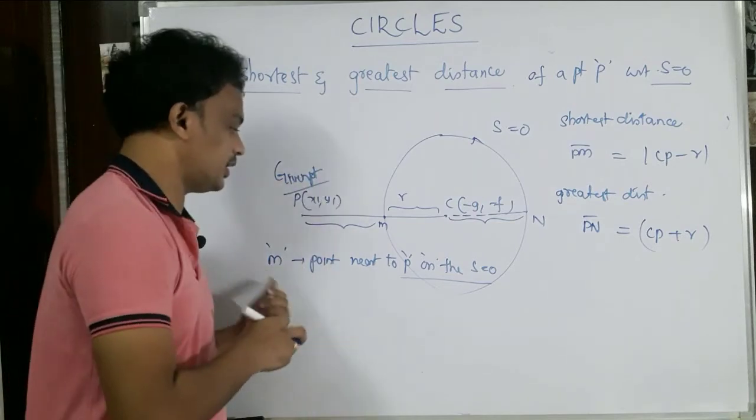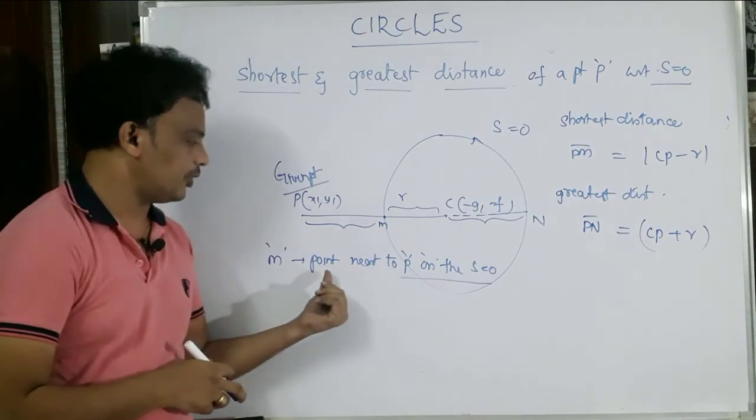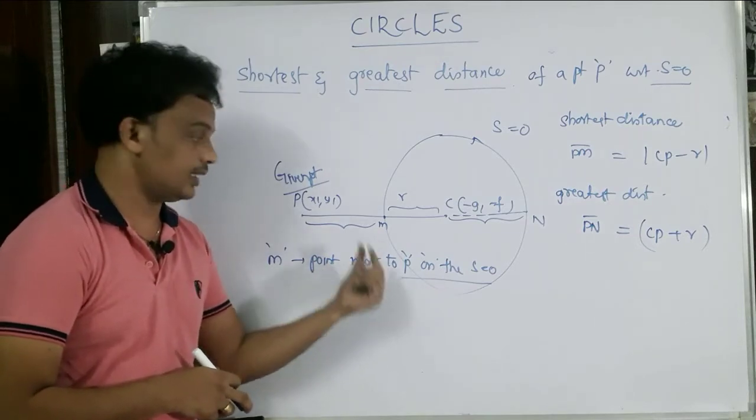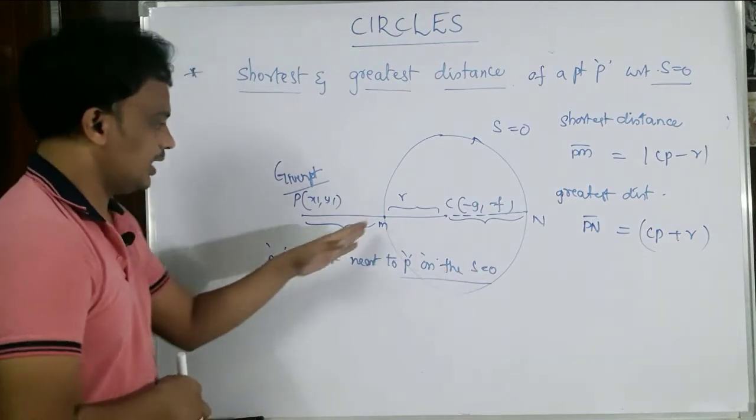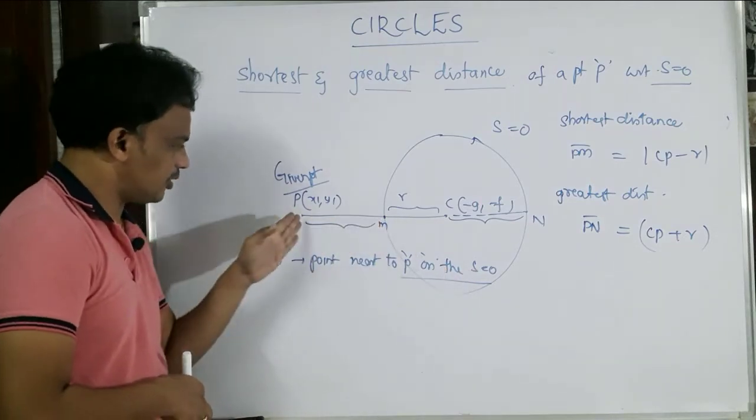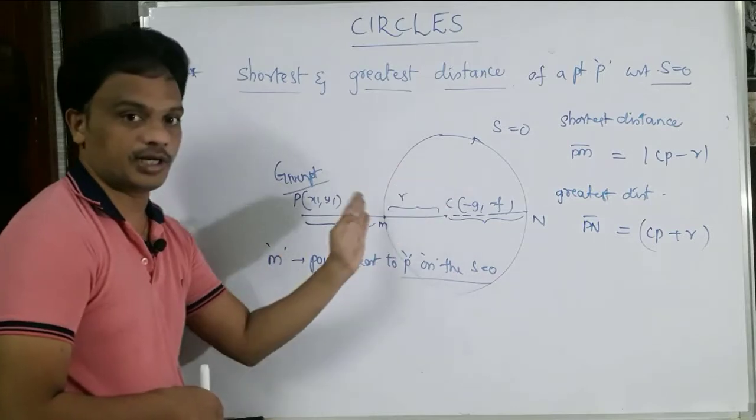Now I am finding the point which is nearer to P and lies on the circle. How can you say M is the point which is nearer to the given point and which is on the circle? How can you get this?